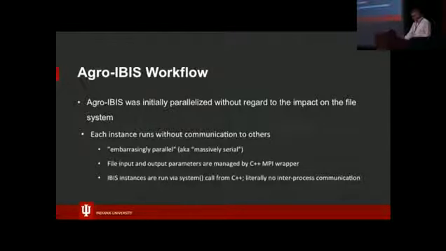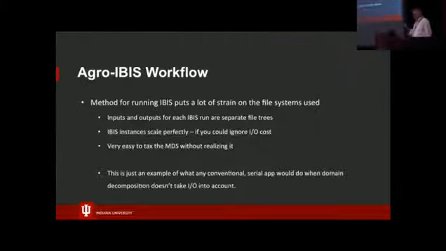So I'll explain. I mentioned the MPI wrapper here that runs the overall Fortran code. One very easy way that you can tax the file system is to wrap all of your calls to write data, no matter how small a chunk of data that is, in a routine that will open the file, write the data, and close the file.